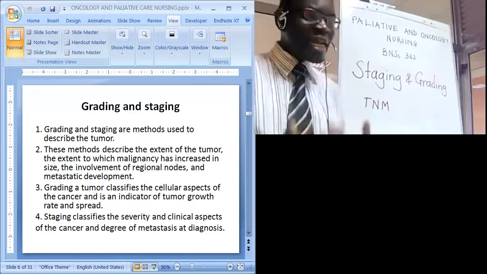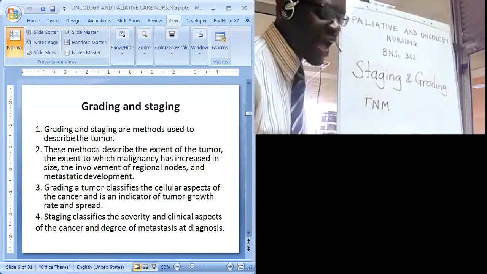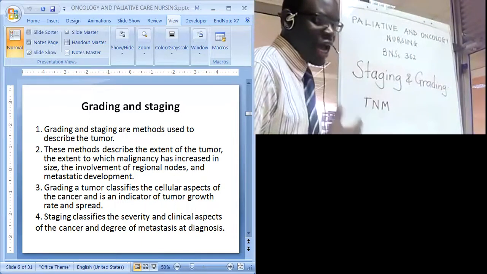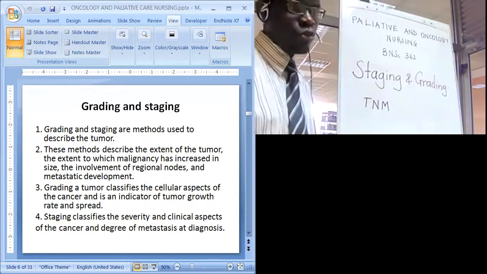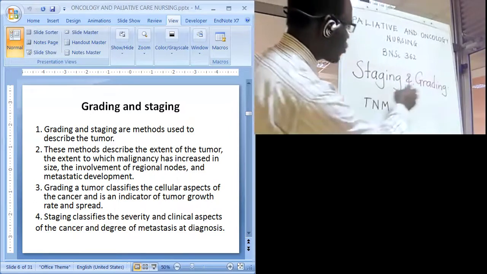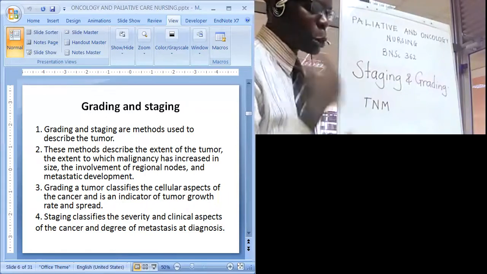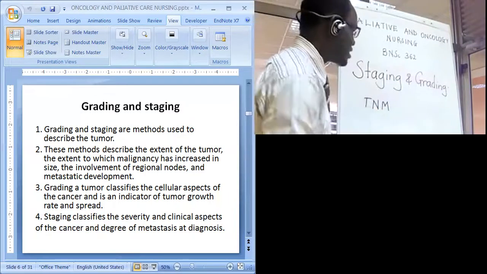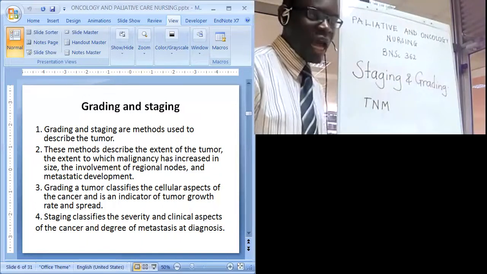Now, grading a tumor classifies the cellular aspects of the cancer and is an indicator of tumor growth, rate, and spread. So when we talk about grading, we are classifying a cancer to see the extent of its growth, rate, and spread.